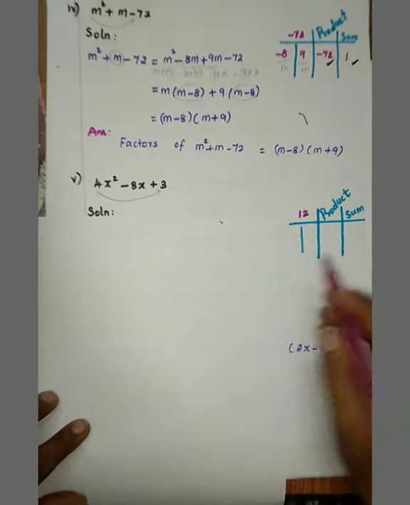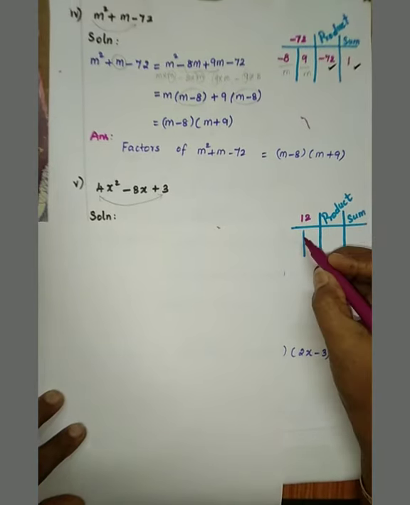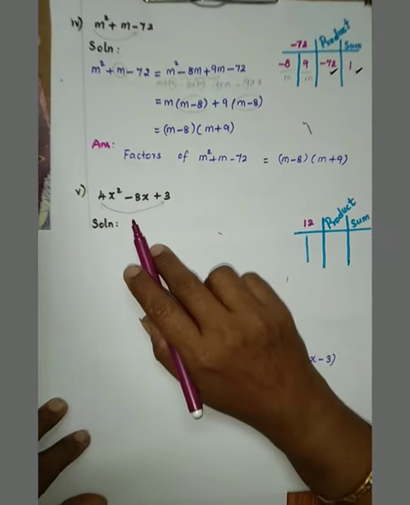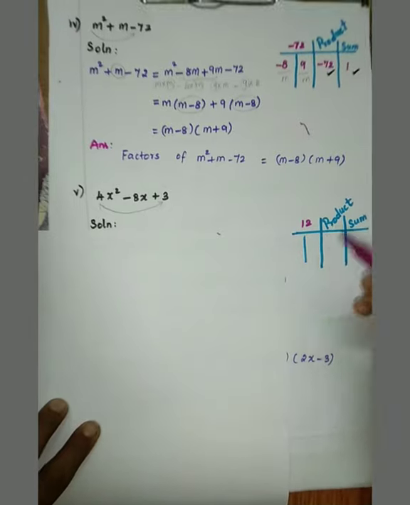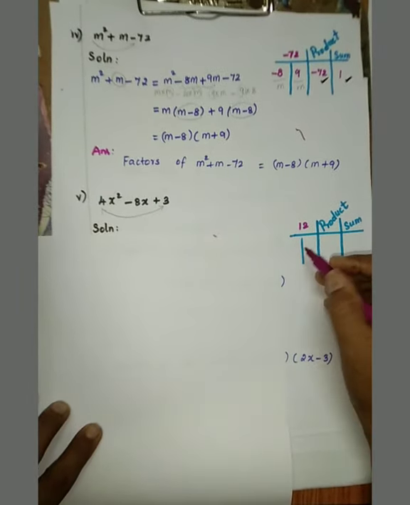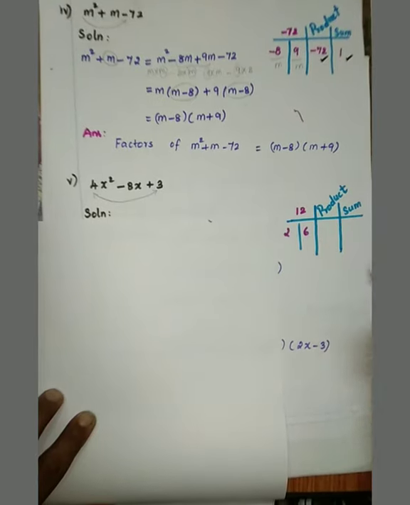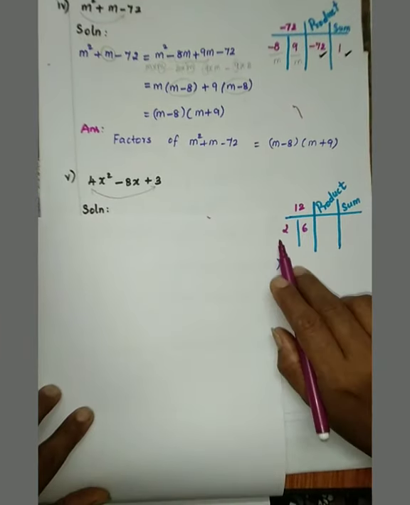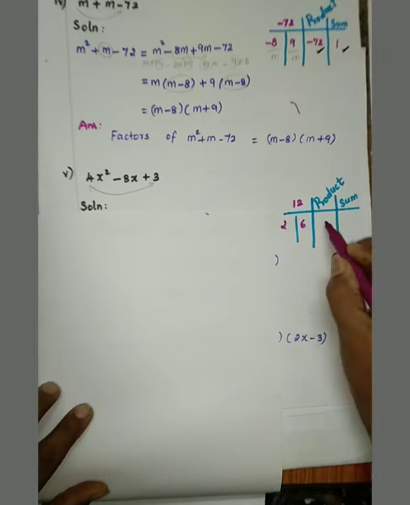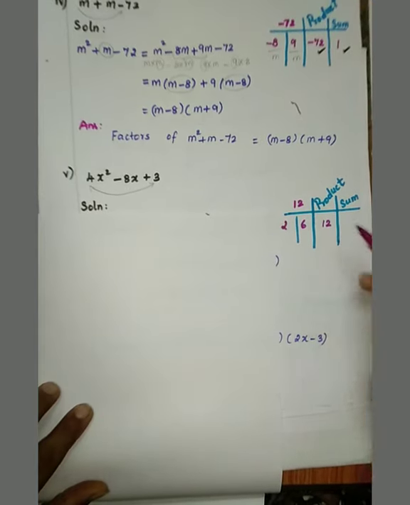What factors will come? 8 can be written as 2 6s are 12, so when multiplying, the product is plus 12.